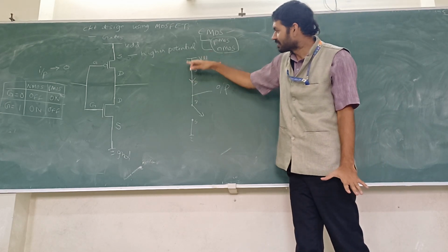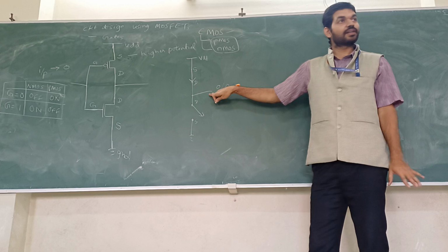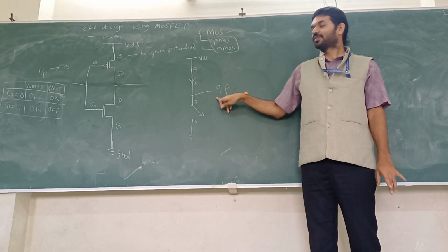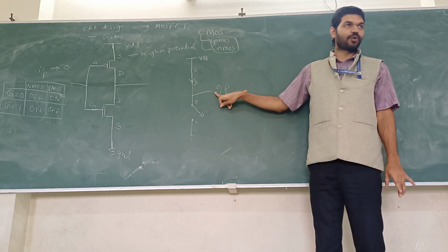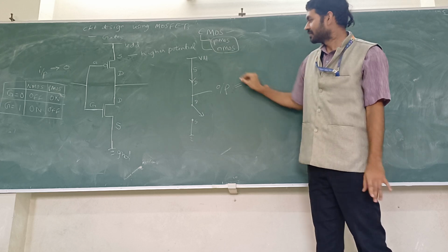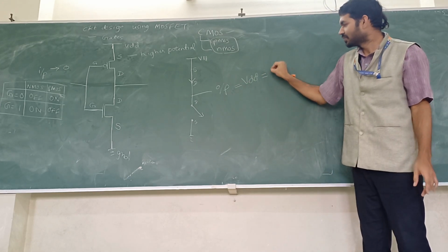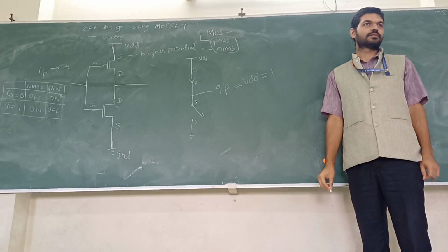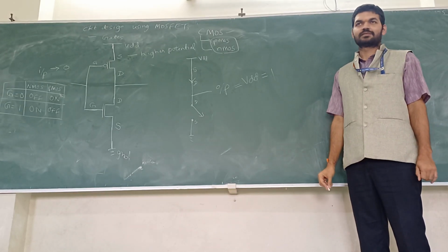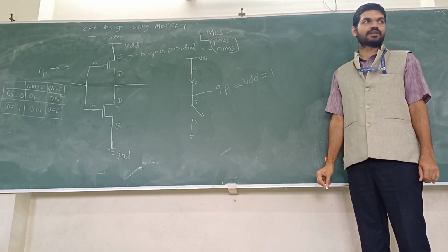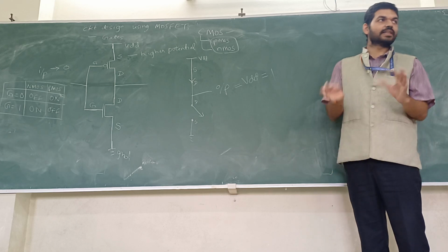You can see here, that means current flows from VDD to output. Or output is nothing but VDD, or 1. Correct? What about the other case?